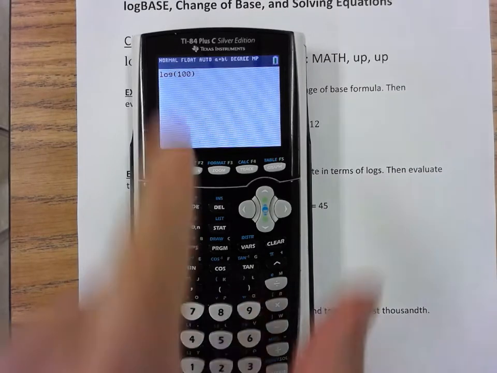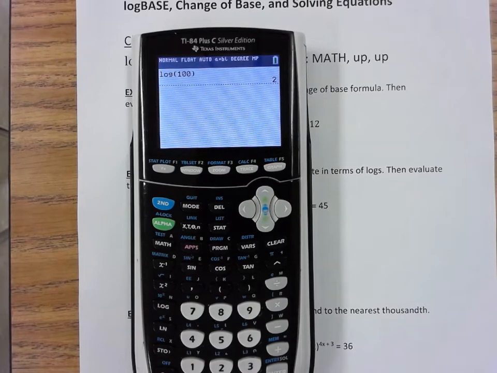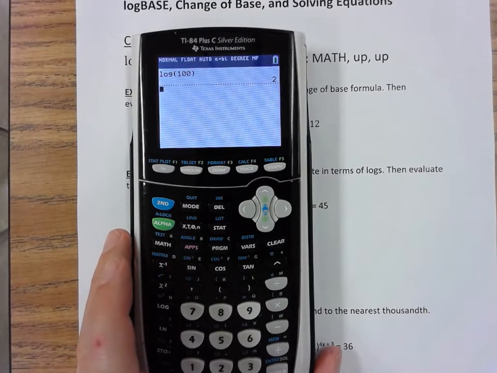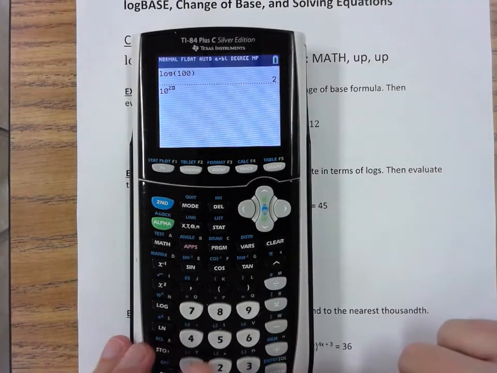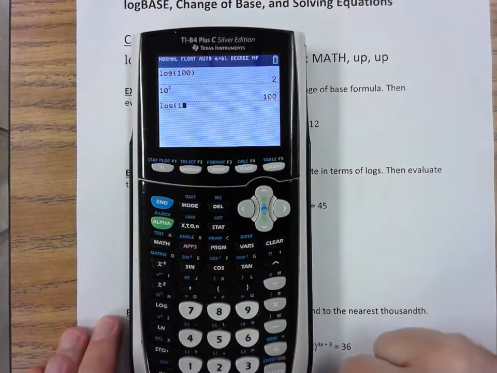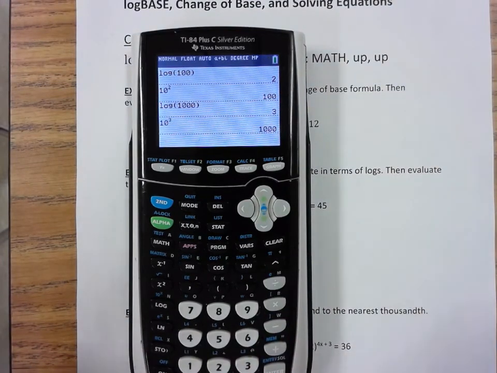When you do log of 100, you'll notice that you get 2. What that means is the base 10 to the second power gives you 100. So if I do log of 1,000, then that means 10 to the third power is 1,000.